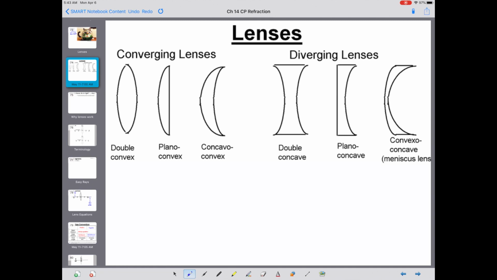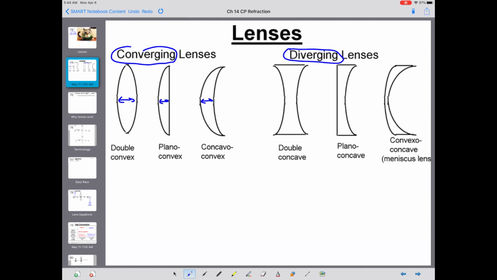Based on the demonstration, we can now classify the different shapes of lenses as converging or diverging. In the demonstration, we saw that light traveling through a lens that was thicker in the middle caused that light to come down to a single point. That's what converging means.